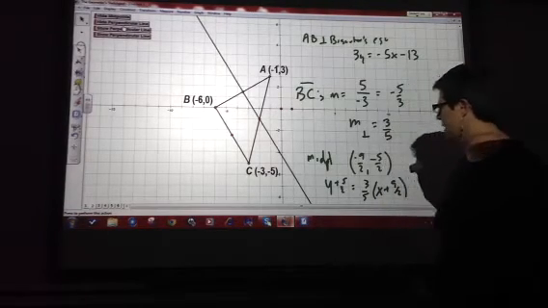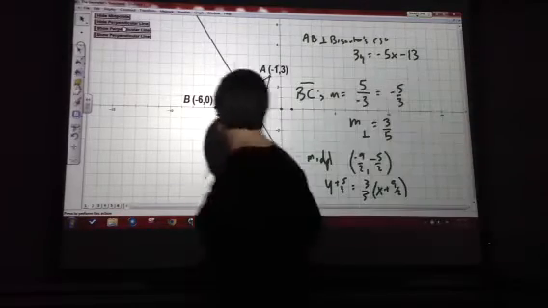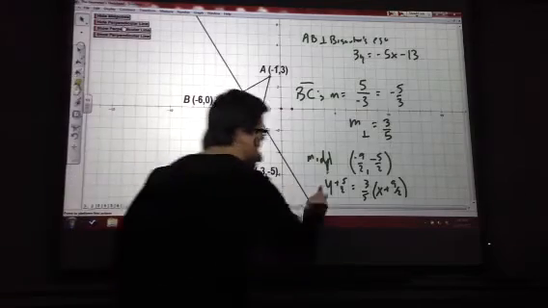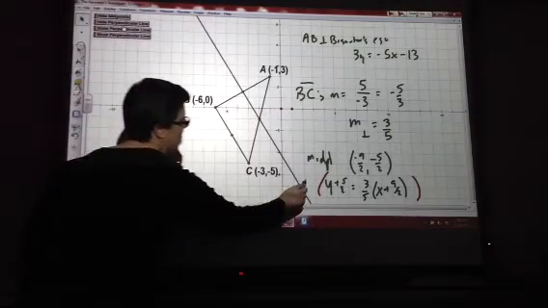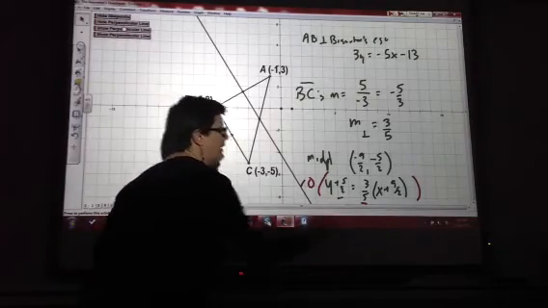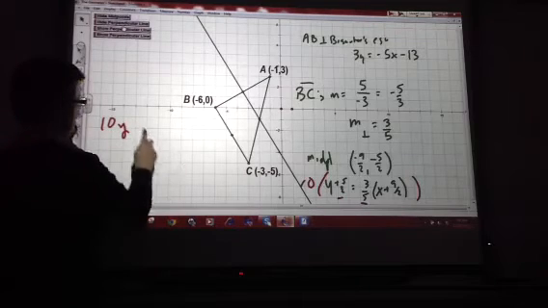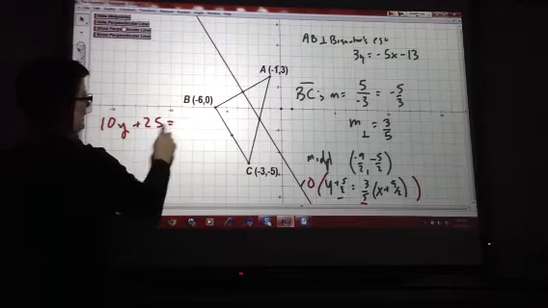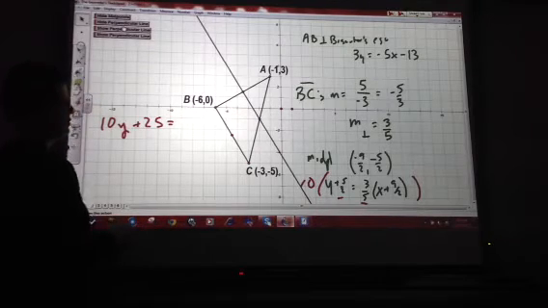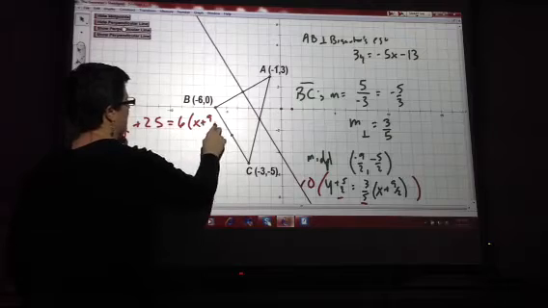Now, if we clean that up a bit, I could multiply this entire equation by 10, the least common multiple of both 2 and 5. So I have that 10y plus 25 is equal to, and then 10 divided by 5 is 2, 2 times 3 is 6, so I have 6 times the quantity x plus 9/2.